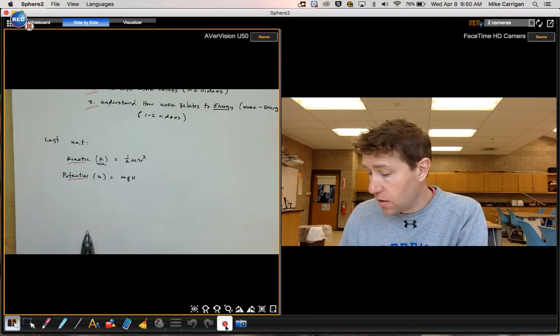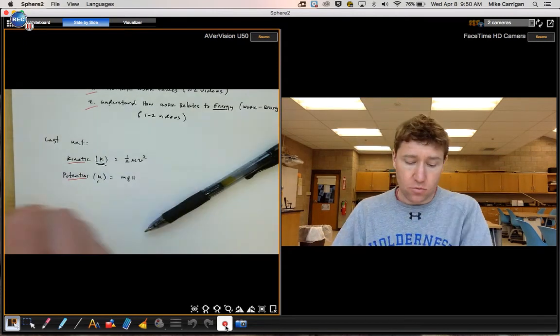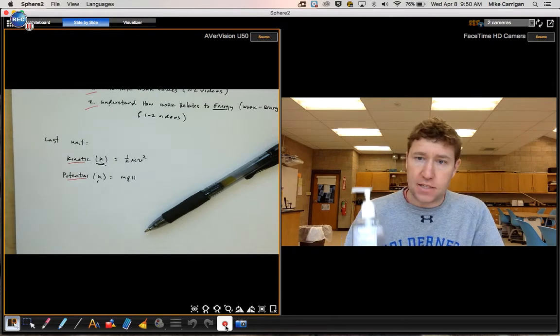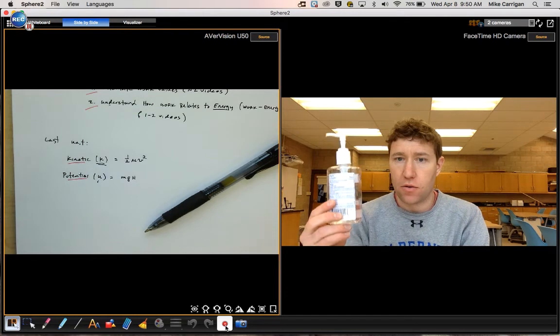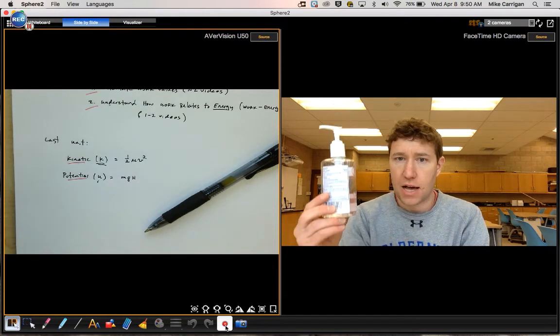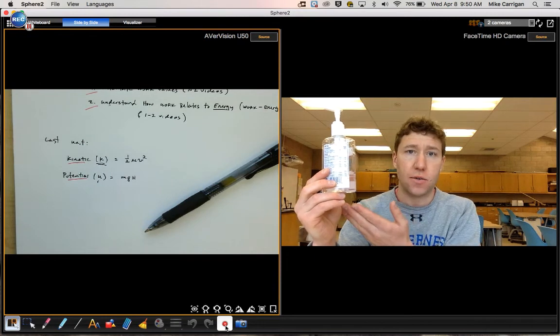I could also do work and have that work turn into potential energy. If I take the bottle of hand sanitizer and exert a force and thereby lift it up, if I increase the height of the bottle, then its potential energy value has increased.